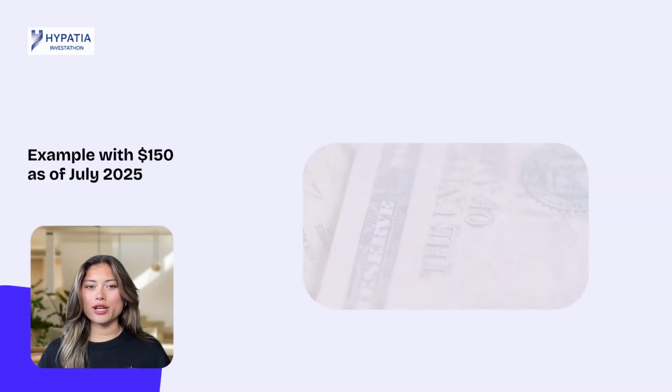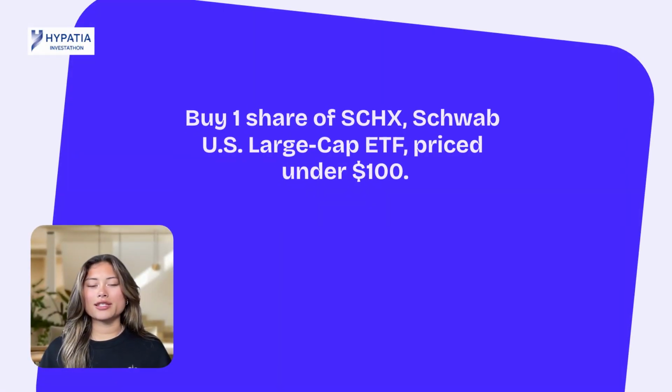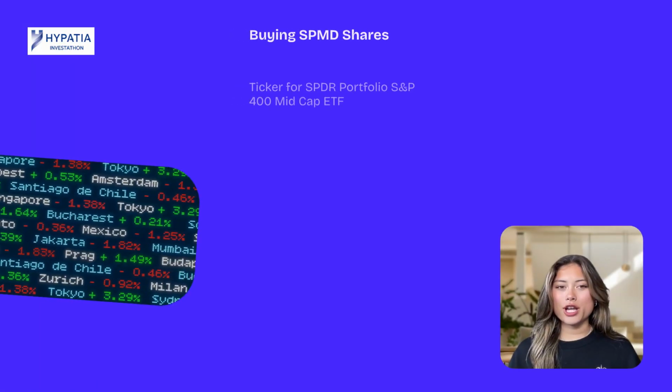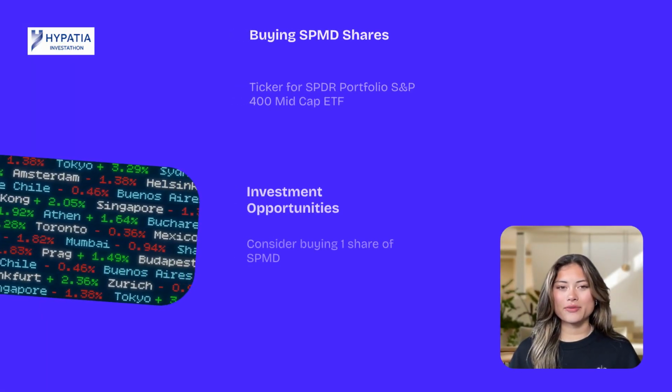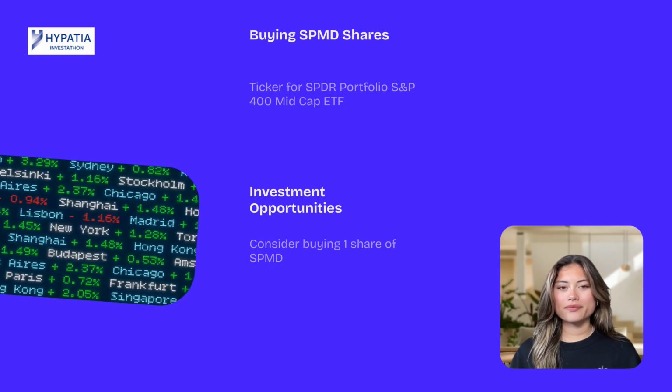For example, with $150 as of July 2025, you could buy one share of SCHX, the ticker symbol of the Schwab US large cap ETF, which has a share price that is under $100. Many of the larger ETFs have share prices above $500. In addition, you could buy one share of SPMD, which is the ticker for the SPDR Portfolio S&P 400 Midcap ETF.